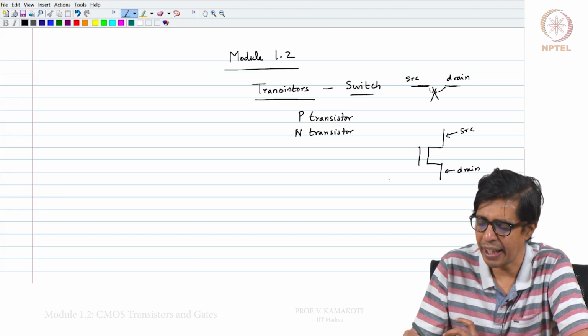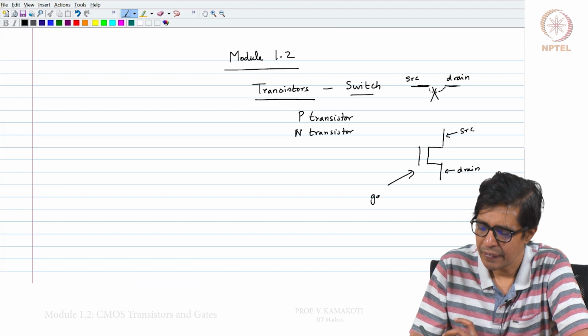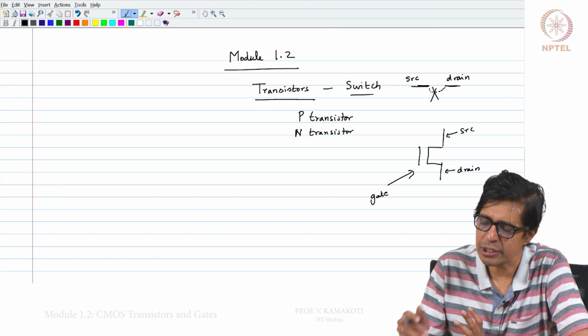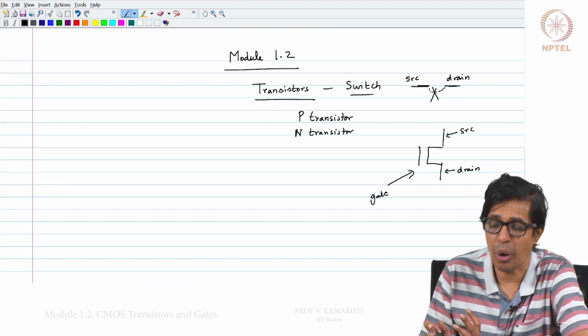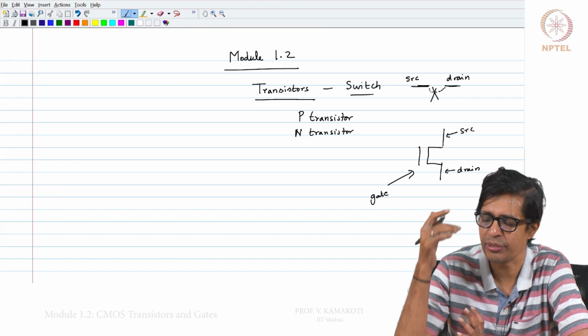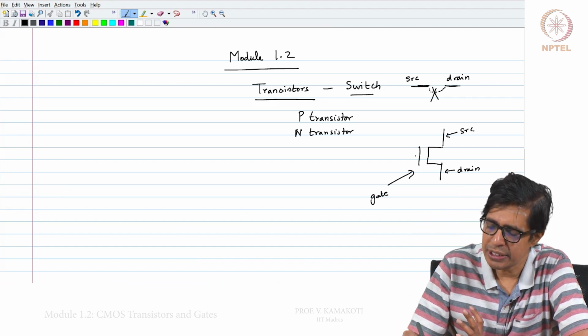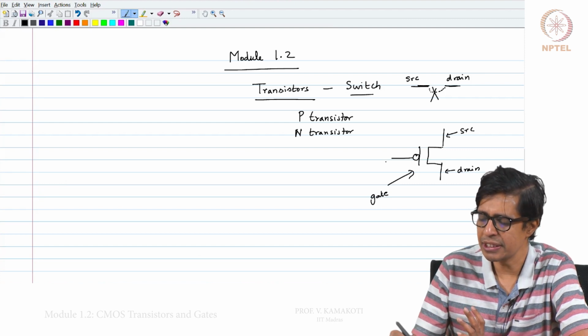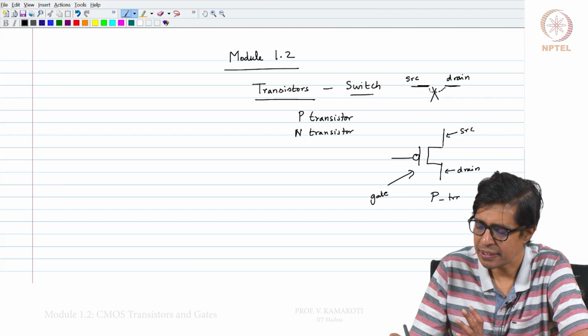This is called a gate, which will connect the source to drain when the transistor is on and which will disconnect the source from drain when the transistor is off. So, this is the P transistor. Please note that there is a small bubble circle here.